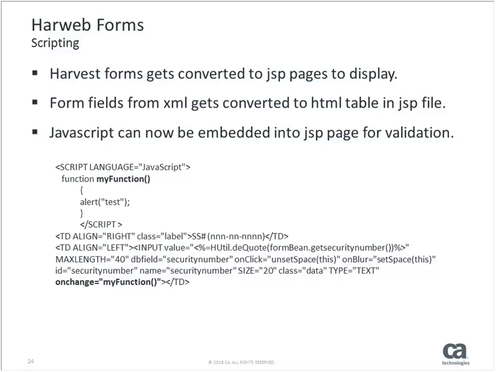In the example provided below, for a text field value on change, I am calling a JavaScript function which will be executed if we click OK on changing that particular input value. This will get fired.